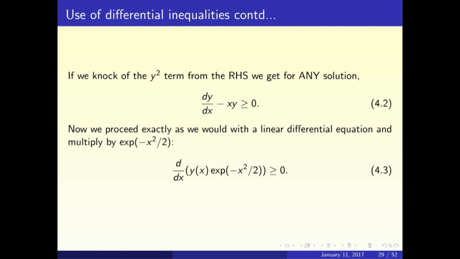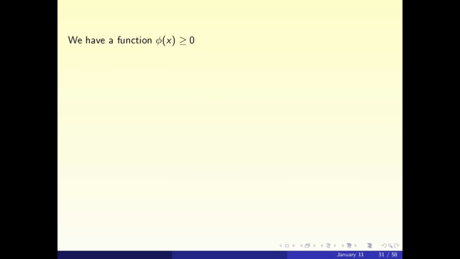So let's proceed. You have the following situation. You have a function phi of x which is always non-negative on an interval AB. Then we can say the integral of phi of x dx from A to B is surely non-negative.